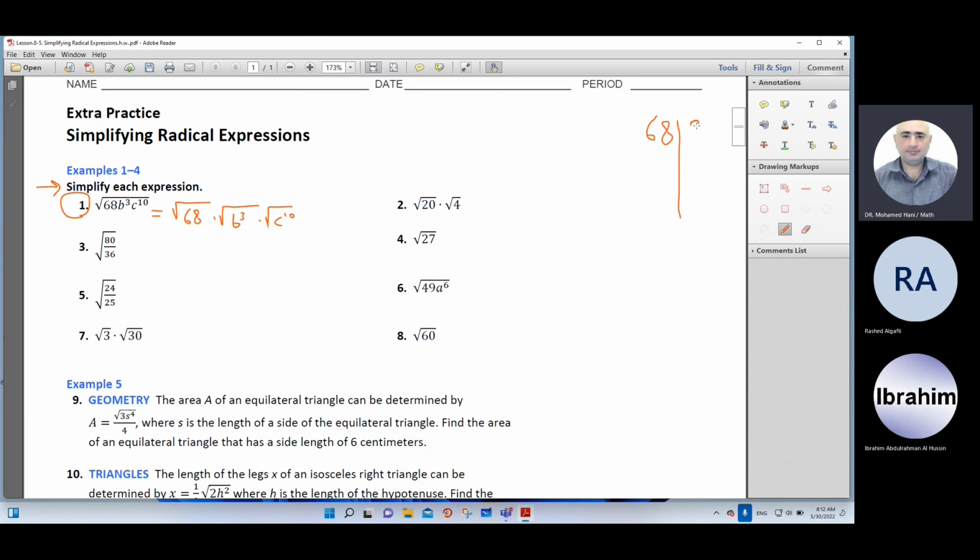68 divided by 2 will be 34. 34 divided by 2 will be 17. 17 divided by 17 will be 1. So 68 equals 2 times 2 times 17. 2 times 2 means 4 times 17.